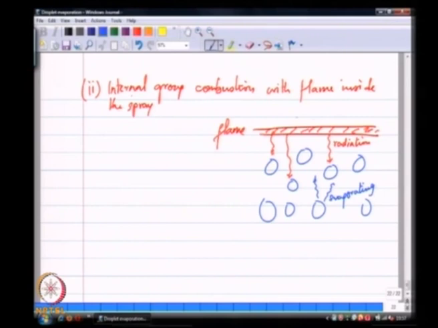Now, it is possible that some of these droplets which are being transported in this direction are incompletely evaporated. So, I may end up with a tiny flame around it.